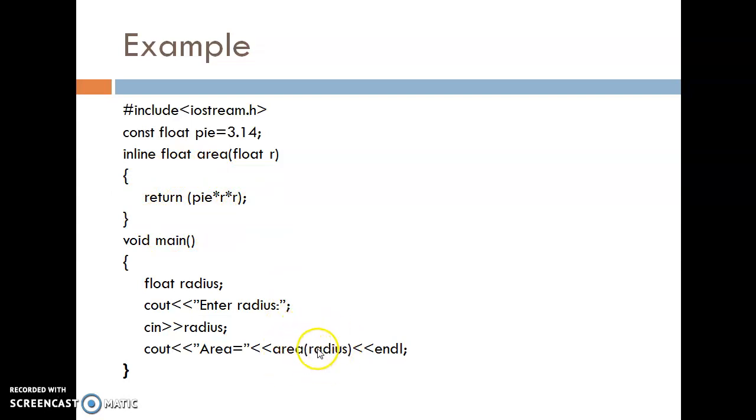So there is no need to call this function. There is no need at runtime to pass the control from this point to this point and return the control from this point to this point, because the code is already placed here. Why? Because this function is an inline function. So directly it finds the area at this point only and displays it.